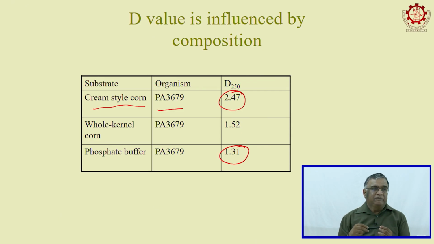A lot of times in the academic environment, we may be doing microplates using buffer solutions, and then we expect that holds good in real food systems. It may not happen. So, you need to make sure that you understand the survival in the actual food product itself.